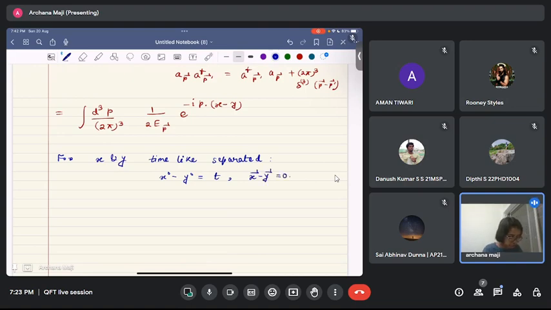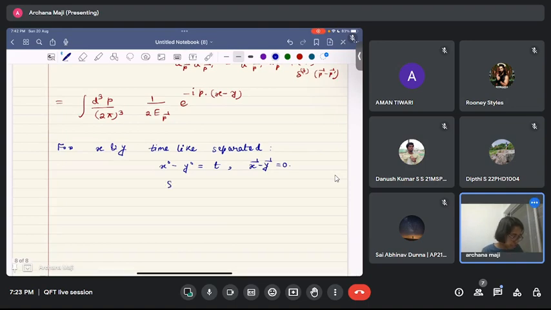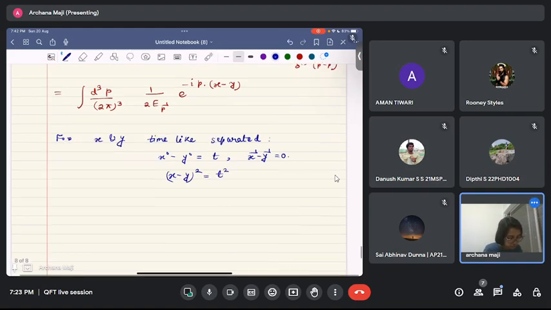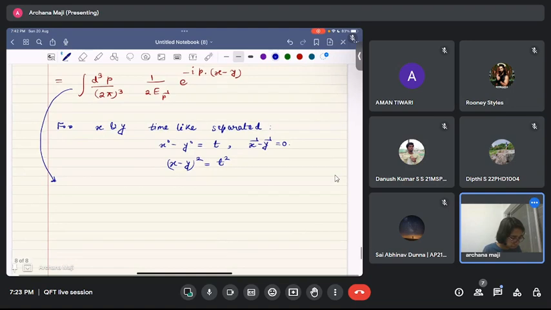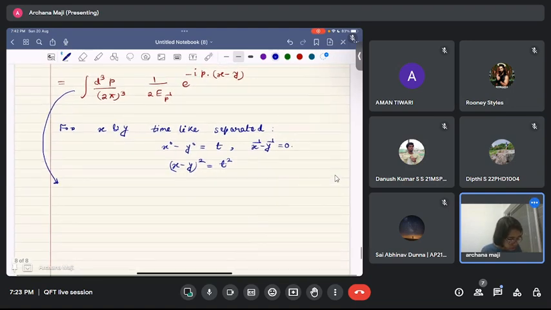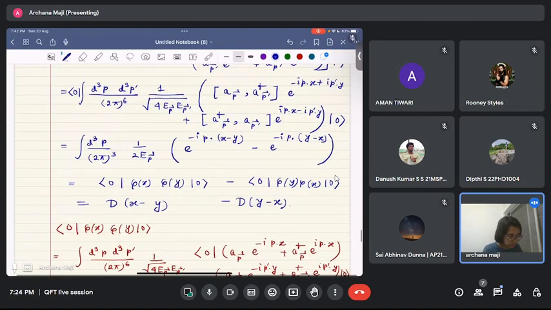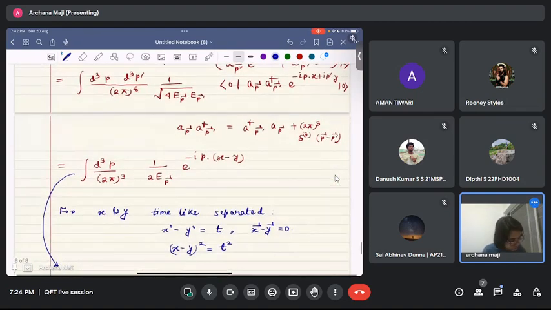Okay, that's a choice for time-like separation, because then x minus y squared will be just t squared, which is greater than 0. So what happens in this case? Let's analyze this particular term a little bit. We are basically analyzing this D of x minus y. Let me write that down here. So this is D of x minus y.